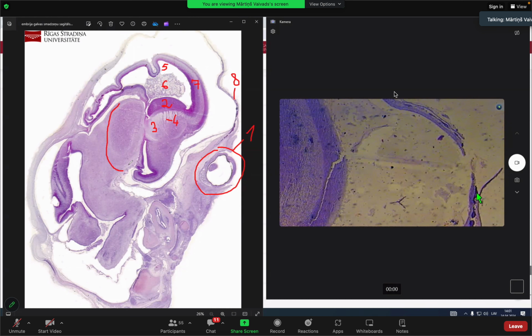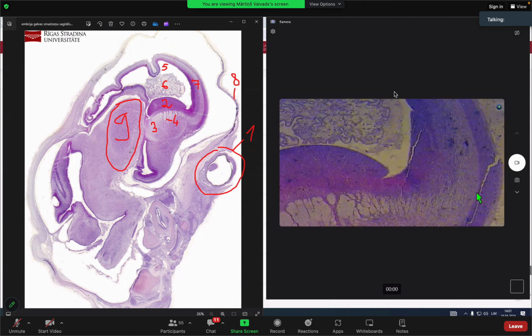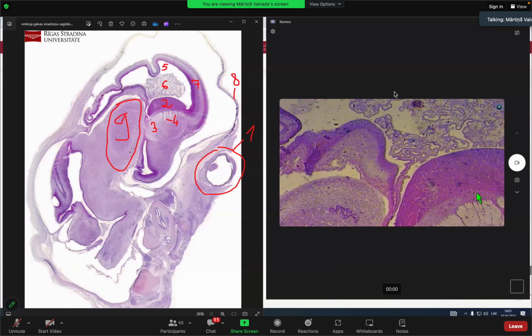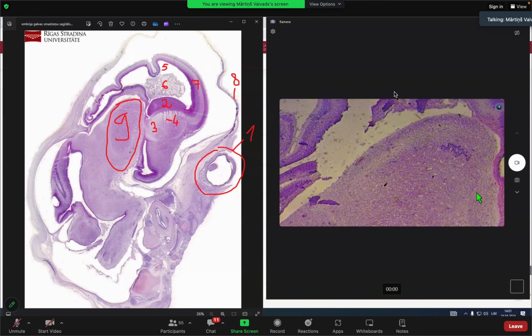Then let's move to another area. Let's move here, and we'll put number 9. Here was the nucleus caudatus. Let's move to this area, just behind nucleus caudatus. This is thalamus-hypothalamus region.